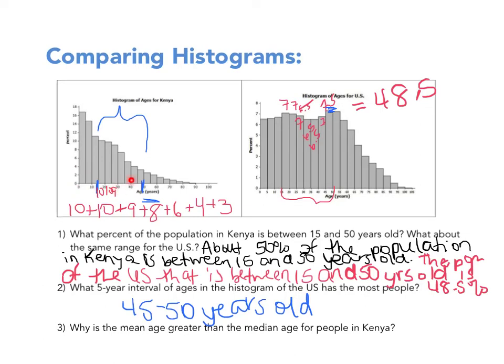So the median is somewhere in here within this piece of the data, but the mean is going to be a little bit higher up, because in skewed data sets, and you can write this down, in skewed data sets, the mean gets pulled in the direction of the tail, and because it's right skewed, it's going to get pulled upwards to give it a greater value.